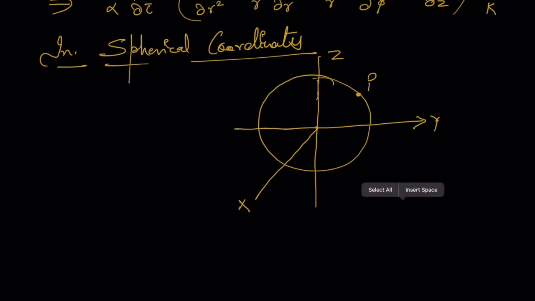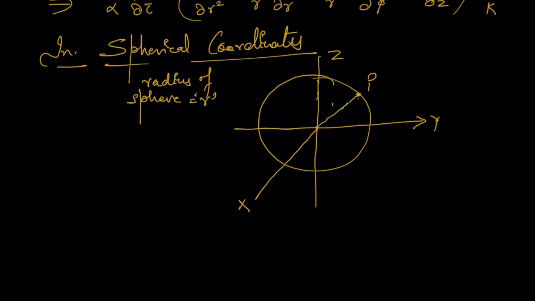Suppose the radius of the sphere is r. This radius is making an angle theta with the z axis.